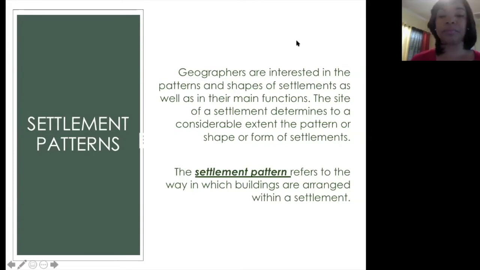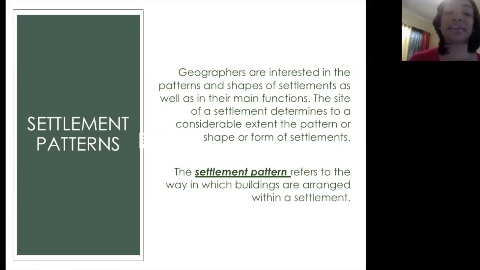Okay, so let's continue. When you think about your sediment patterns, this is referring to the way in which the buildings of that sediment are actually arranged, okay? And we're going to see some of those as we move forward. So let me just reiterate that. When you're thinking about your sediment patterns, you're thinking about the actual shape of the sediment.